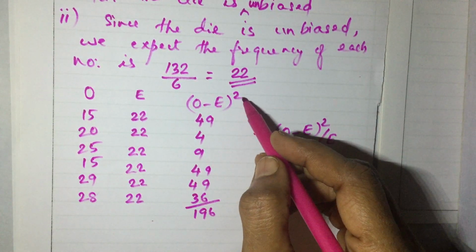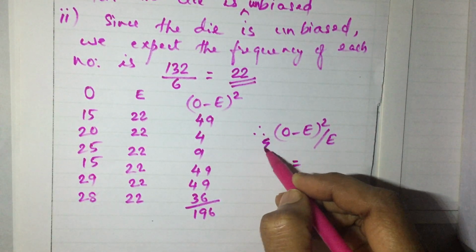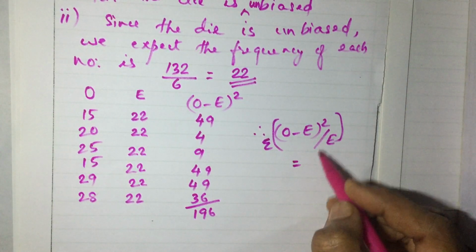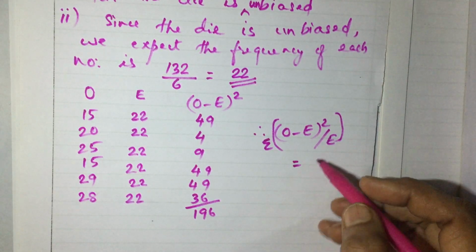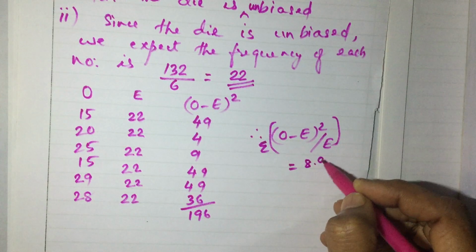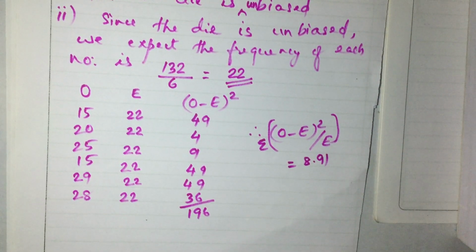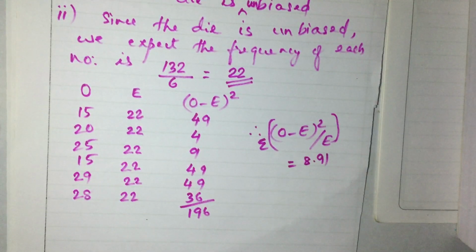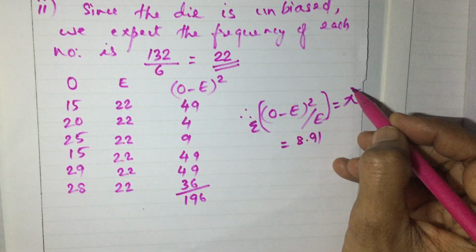So when you calculate that one more column and simplify, you will get the summation of O minus E the whole square by E as 8.9. Therefore, this is your chi-square.